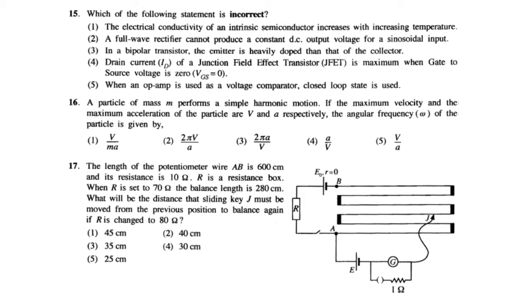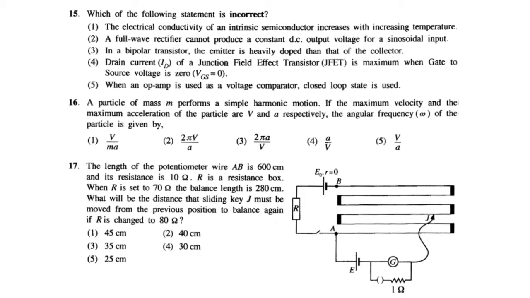The diagram shows a potentiometer circuit. The resistance of the potentiometer wire is 10 ohm. When R is 70 ohm, the balance length is 280 centimeters. They ask for the distance the sliding key is to be displaced along the potentiometer wire to get a balance point again when R is 80 ohm.